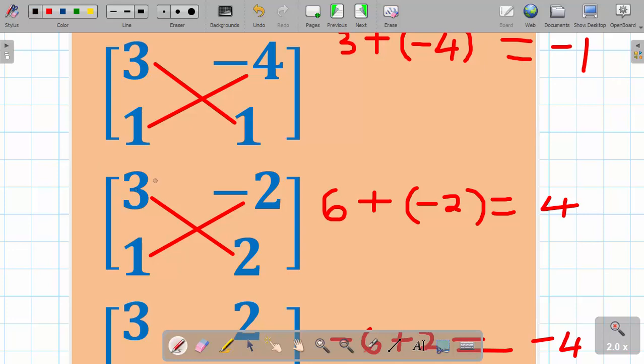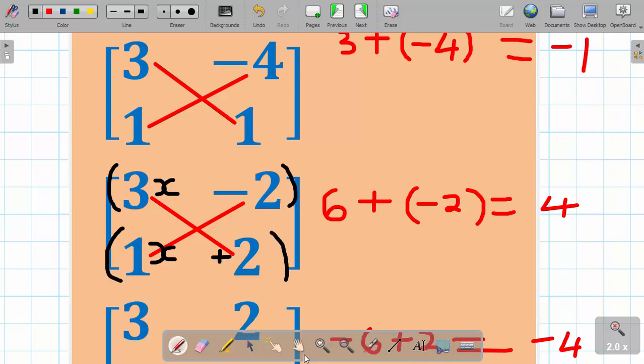It's going to be 3x minus 2 multiplied by 1x plus 2. In other words, I'm going to have two brackets: 3x minus 2 multiplied by 1x plus 2, and that will be my answer.